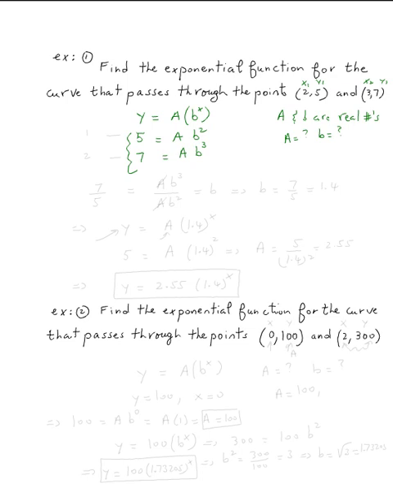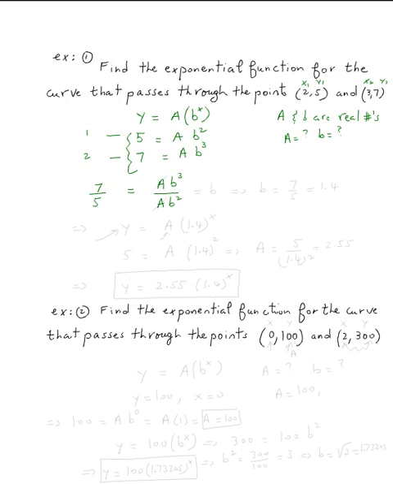Now, to find a or b, the easiest way is to find b first. How do we find b? Let's call this equation 2 and this is equation 1. All we do is divide the left side, 7 by 5, and this is equal to a b cubed over a b squared.